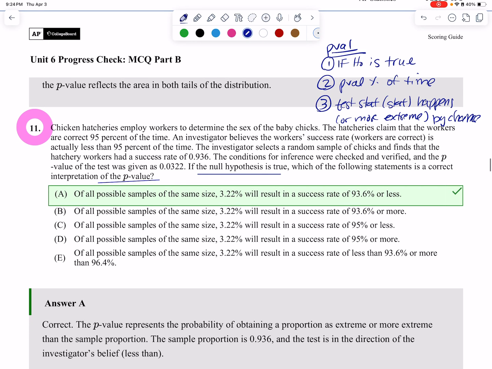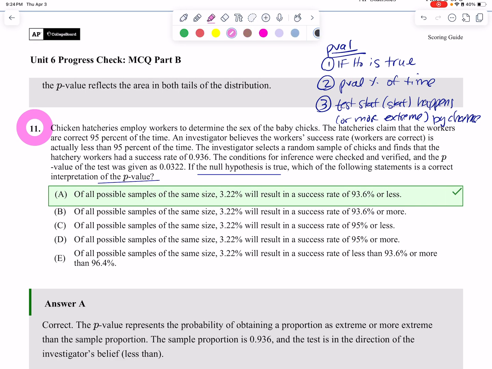So I'm going to look here and see what I have for the p-value. It looks like all of them start out the same: of all possible samples of the same size. So that's starting out all the same. But then this one says the result of a success of this or less, this or more.